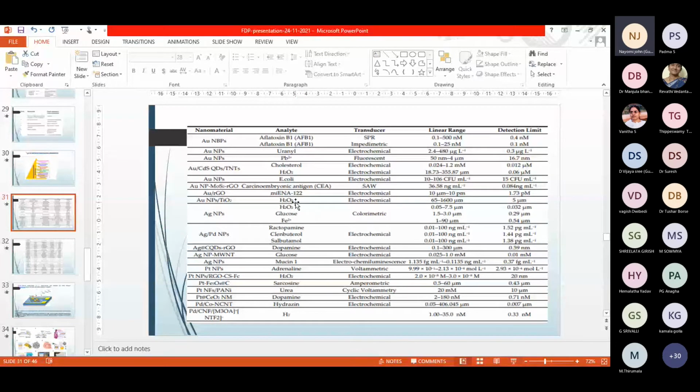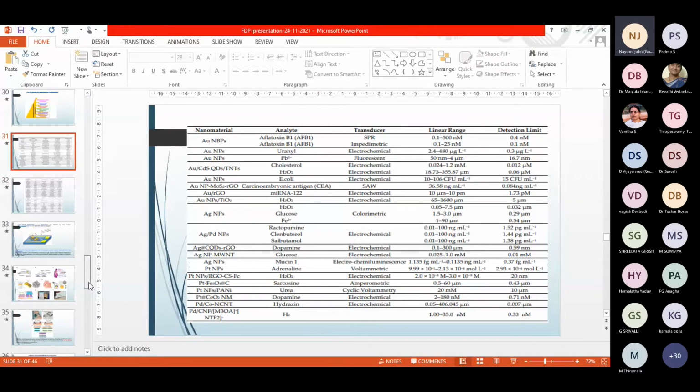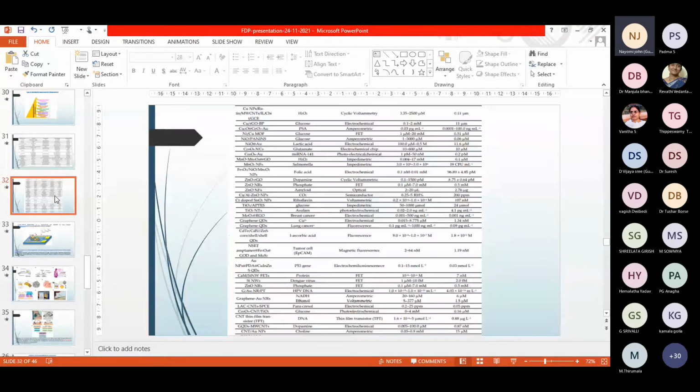There are many applications; I'm just moving very quickly. Glucose and lactic acid, all these biological fluids which need to be detected will be very aptly detected by biosensors. Now the field is moving on to the use of field effect transistor biosensors.